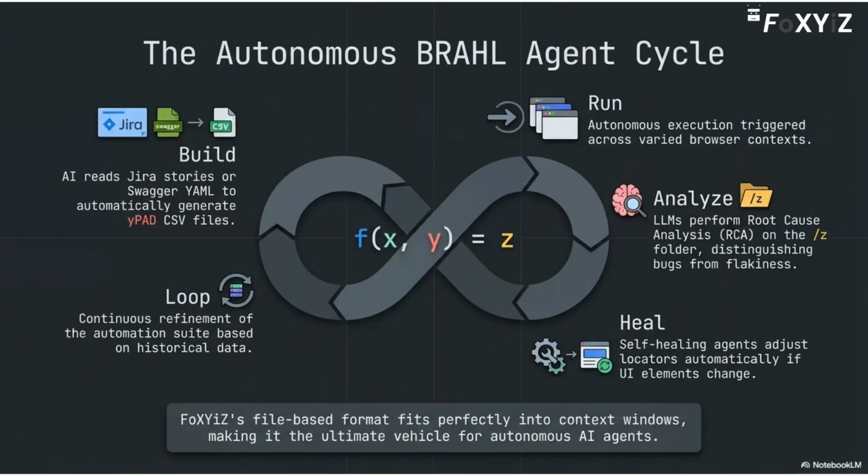I need to convert them into Foxes format, the Y pad structure. That's my build. Then I'll execute. Then I know, oh, you know what? I didn't write the right plans, or my actions were incorrect, or my designs were incorrect. Where my data is loaded, variables, element identifiers, all of this.